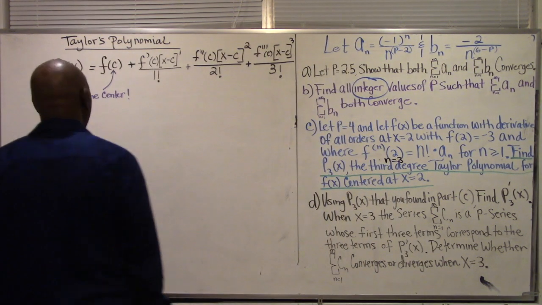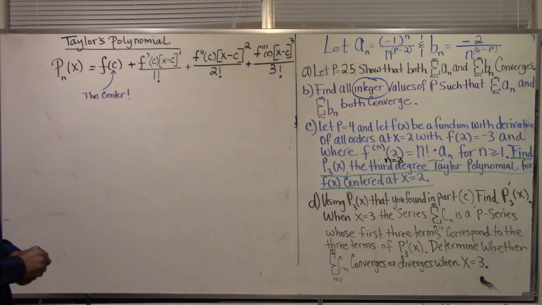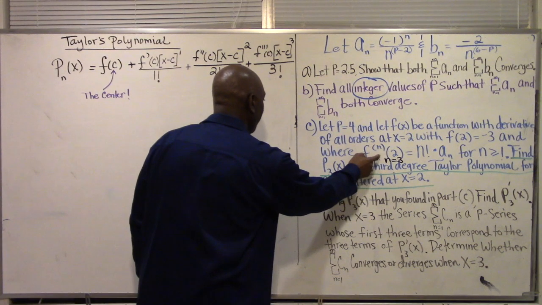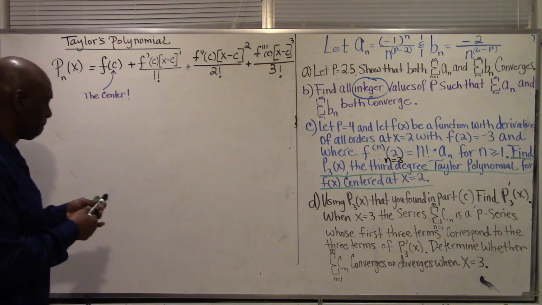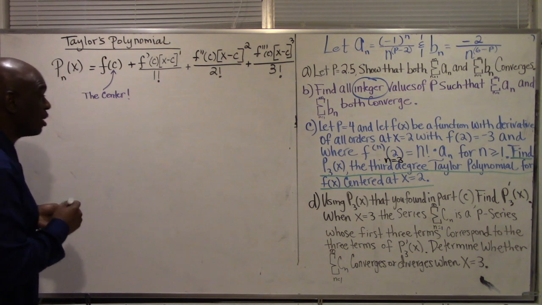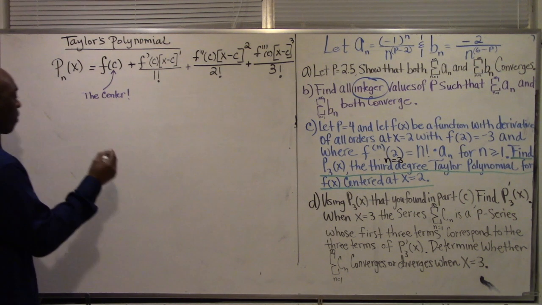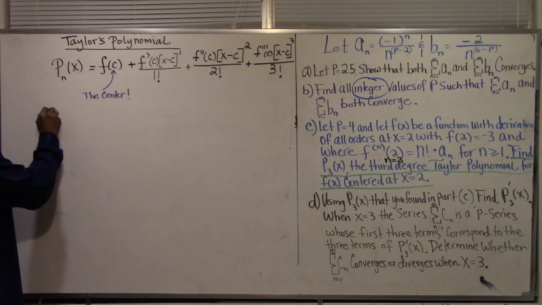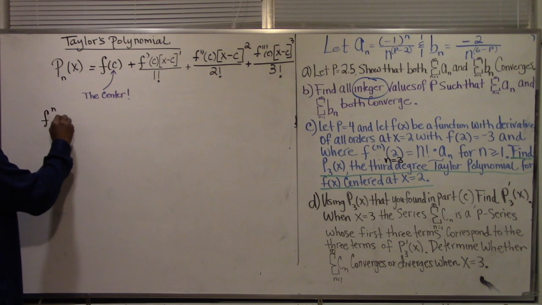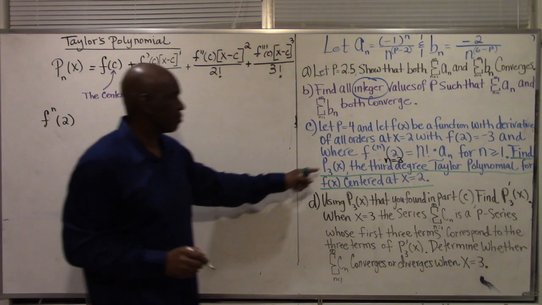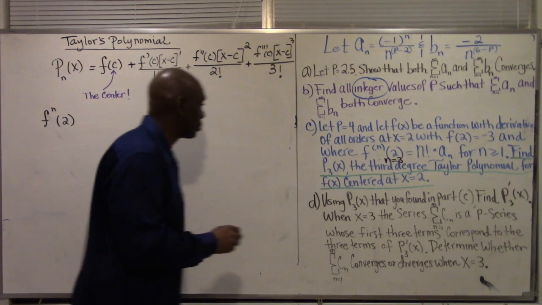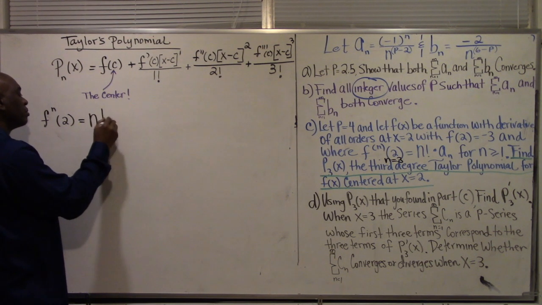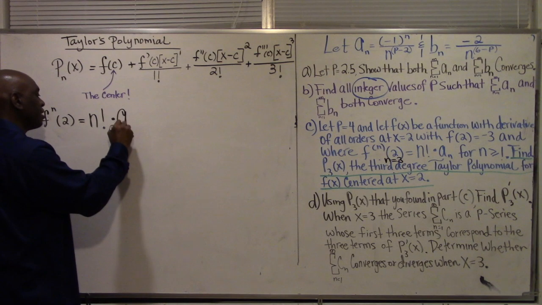All right, so we're doing okay. Now, let's go back to what we have right here. We know that f n of 2 equals n factorial times a to the n.